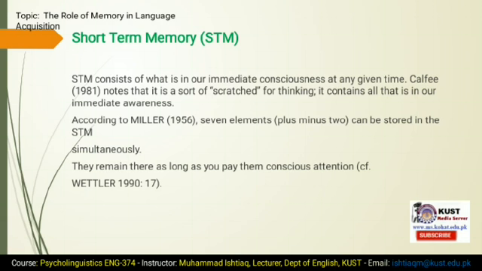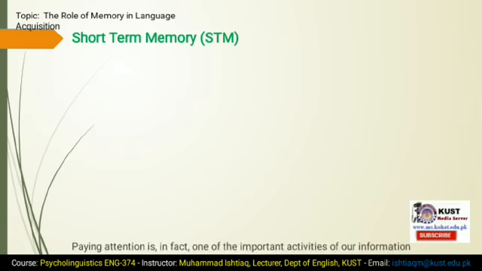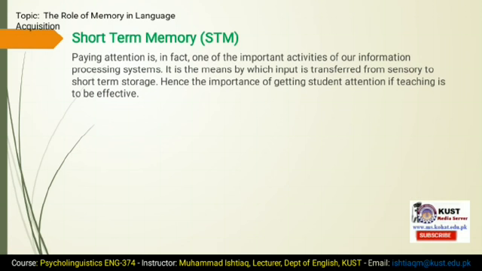And short-term memory has a very limited capacity in the sense that it can retain only seven elements at the same time, no more than that, occasionally nine. However, a very important fact to keep in mind is that these seven elements remain there if you are consciously attending to them. Otherwise, they may be lost.